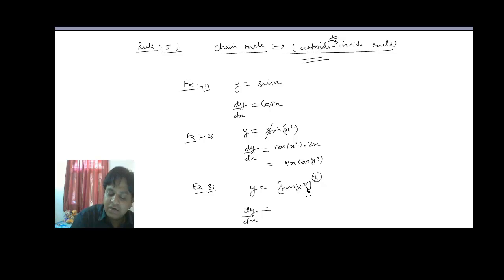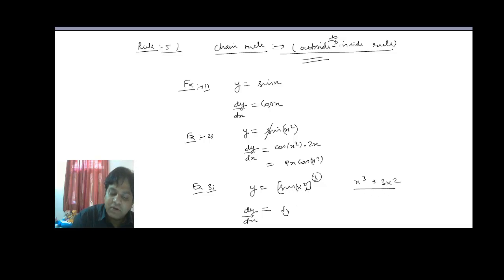If anything else is written except x, then I'll put that in small brackets. That's why I've put this x square within these small brackets. Now I'll read it as big bracket cube, the cube of big bracket. So I know that x cube is differentiated as 3x square.